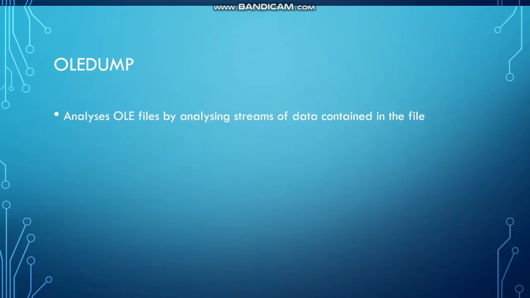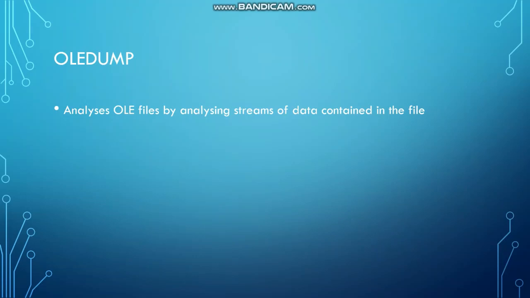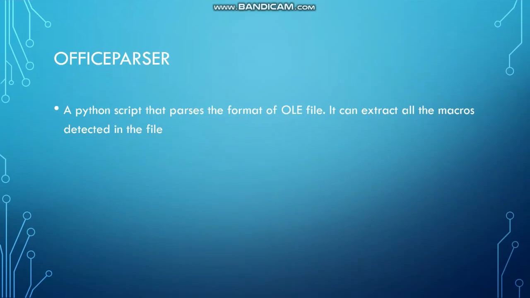We will also be using PDF extract to extract the various data of the PDF documents such as the JavaScript codes. We will then be using OliDump, which analyzes Oli files such as those used by Microsoft Word documents, and we will use these to analyze streams of data contained in the file. Office Parser will also be used because it's a Python script that parses the format of Oli files. It is useful to help us extract all the macros detected in the file.